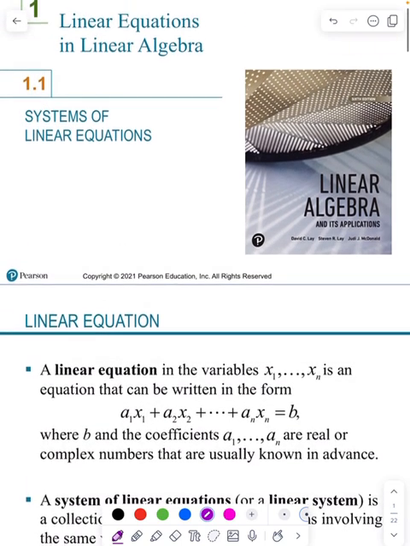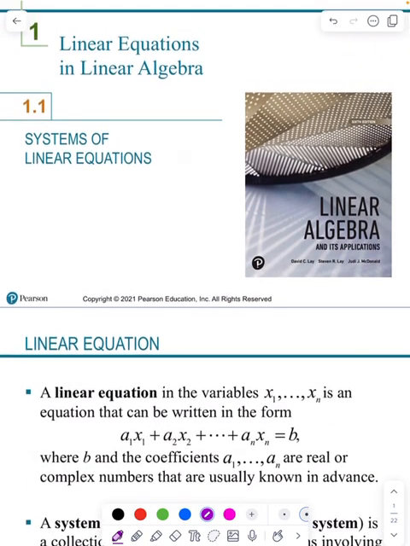We have seen linear equations before, also linear equations in more than one variable. A linear equation in one variable will be something like 2x plus 3 is equal to 5. A linear equation in two variables will be 2x minus 3y is equal to 7.